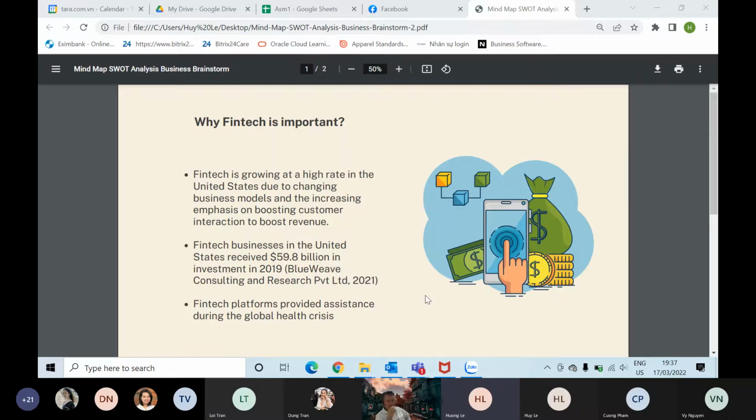Moreover, because of the increasing digitalization of business and growing investment, fintech companies offer creative growth opportunities. So I'm finished with the fintech industry introduction.